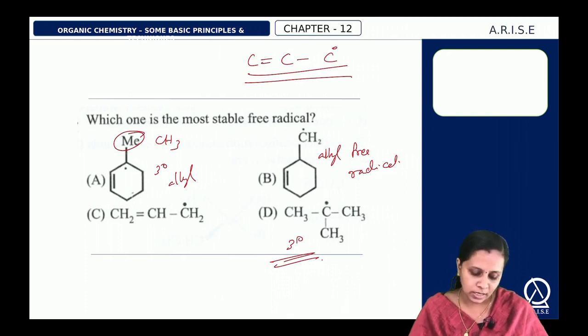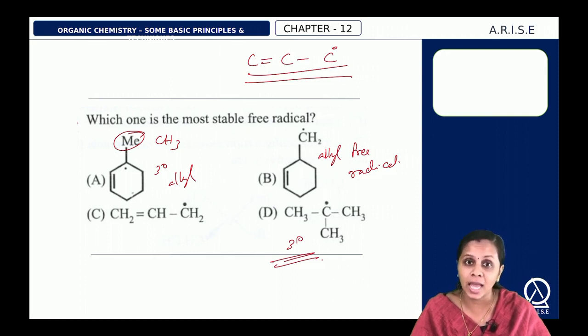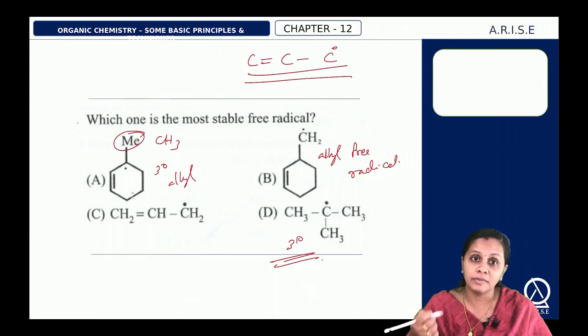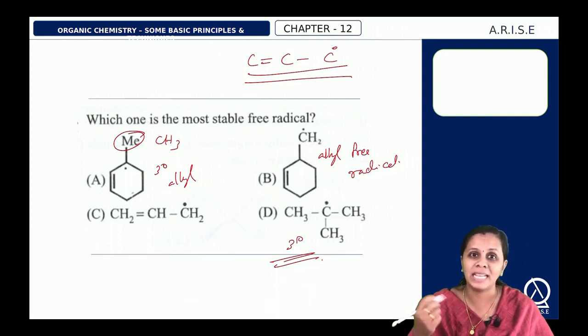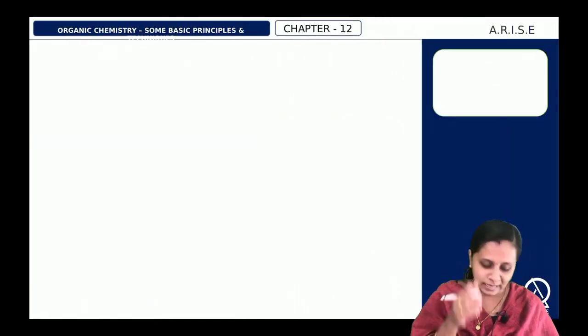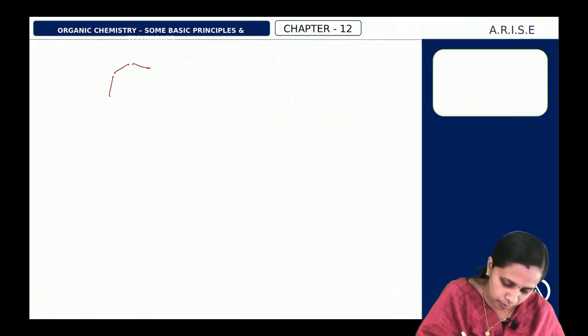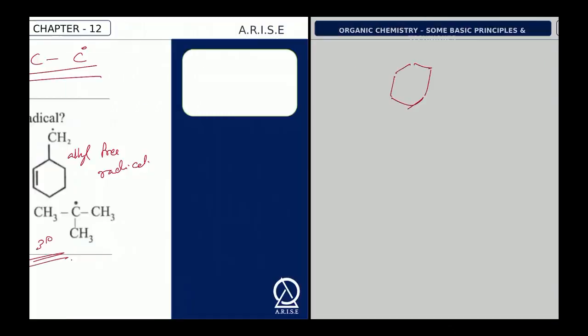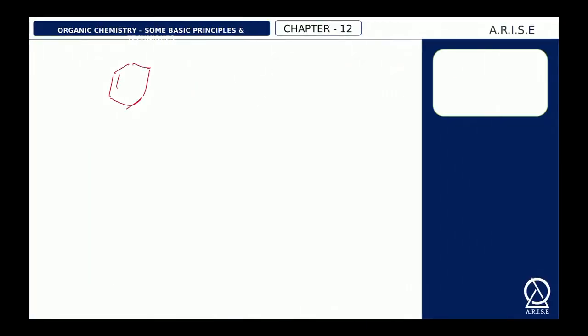So let us consider, in option A resonance as well as hyperconjugation is possible. So based on the number of resonating structures and the number of hyperconjugative structures, we have to assign the stabilization. So let us consider each of them in detail. Okay. So which is the first option? CH3.